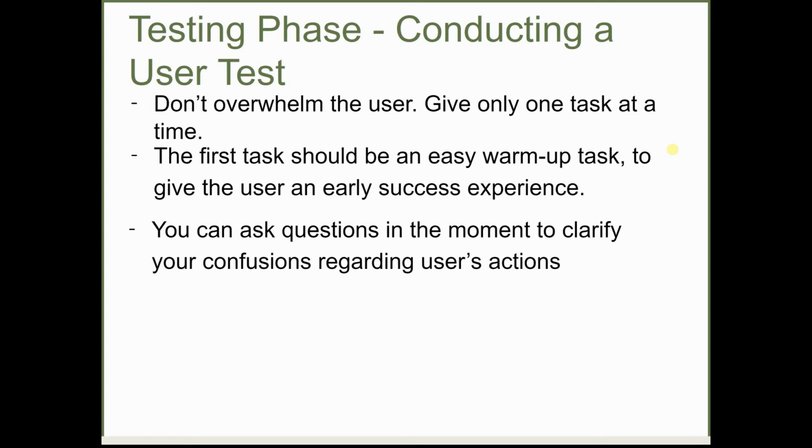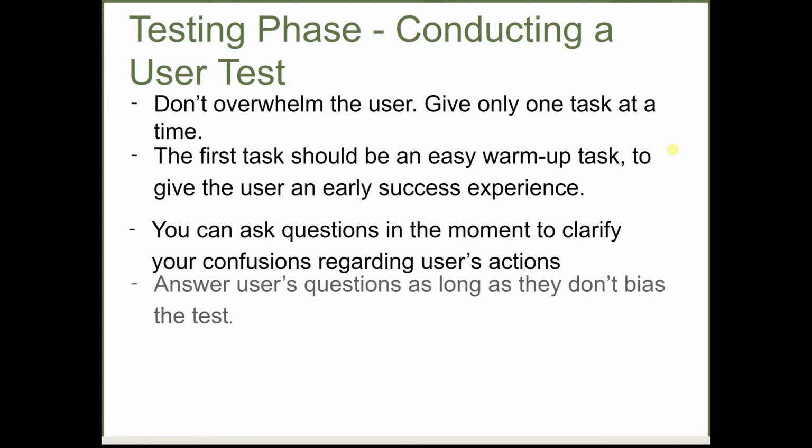Okay, so if there's some odd or unusual or interesting behavior of the user, try to get to the bottom of it. And then you can answer users' questions as long as answering those questions doesn't bias the test.